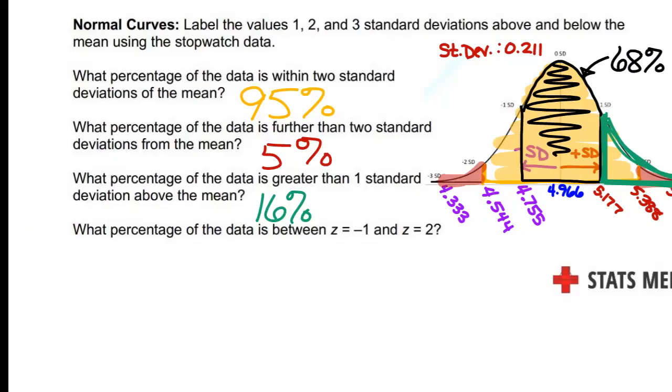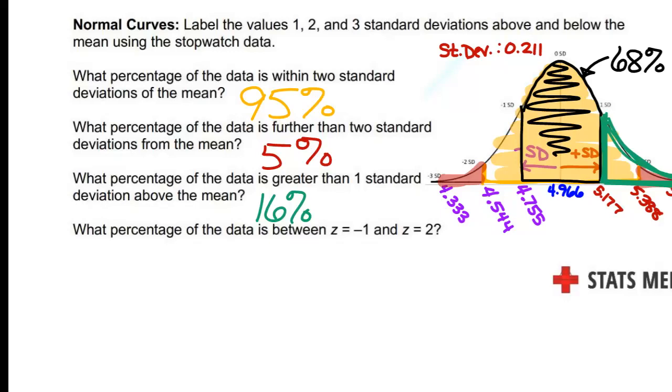How much of the data falls from the middle and then over that way? Half of it, right? Well, if this middle section is 68, how much is just this part of it right here? 34. So I take half of it plus another 34, that'd be 84%. Do 100% minus 84%. That's how we get this little green section as 16%.